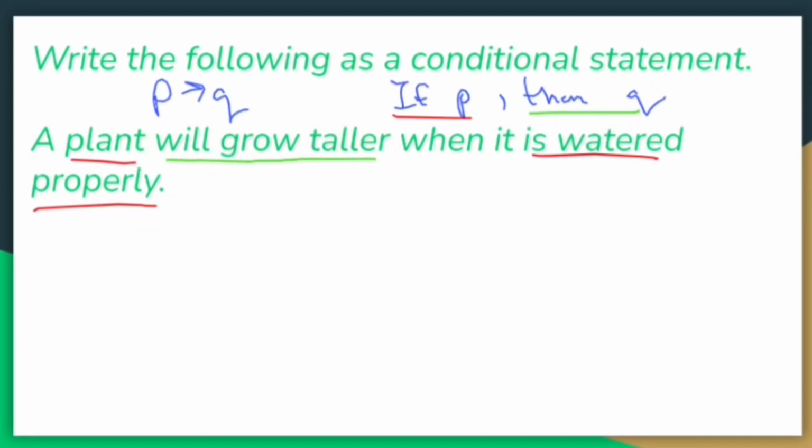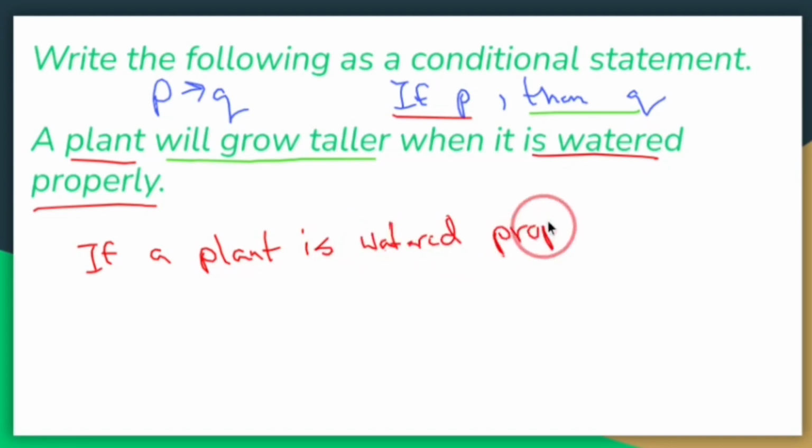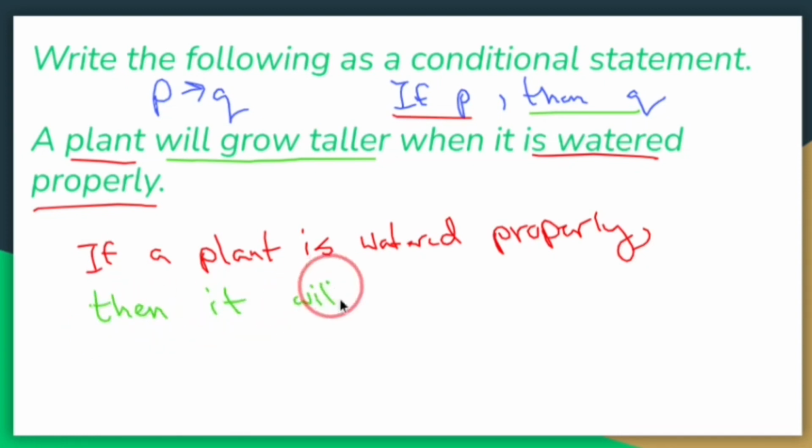So let's write that out. If a plant is watered properly, comma, then it will grow taller.